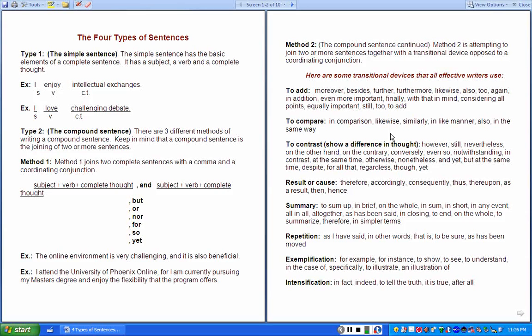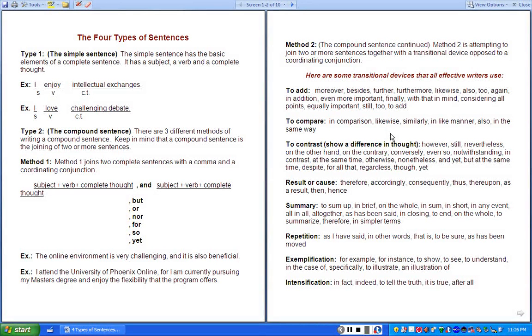So I want to say this, and I want to make sure it's very clear. If you are currently writing without transitions, automatically, do you know that your instructor, or other people looking at your paper, can say that you're not writing on the college level? Did you know that?